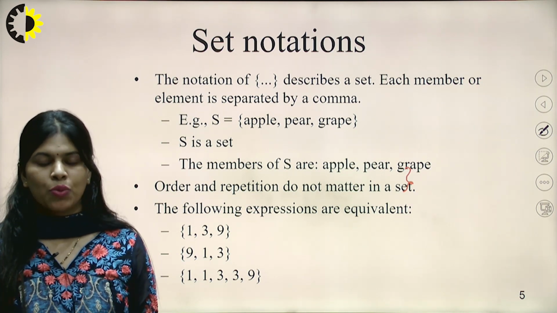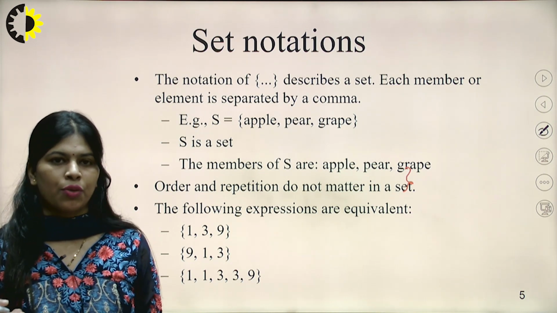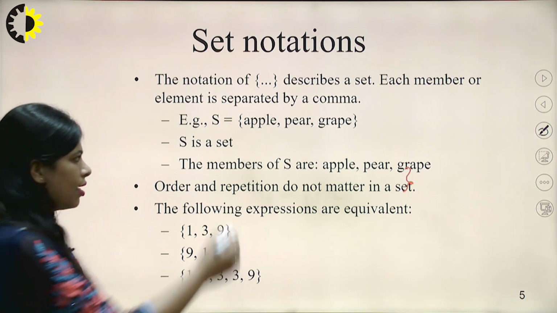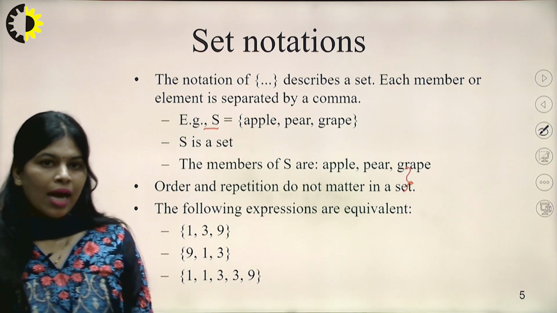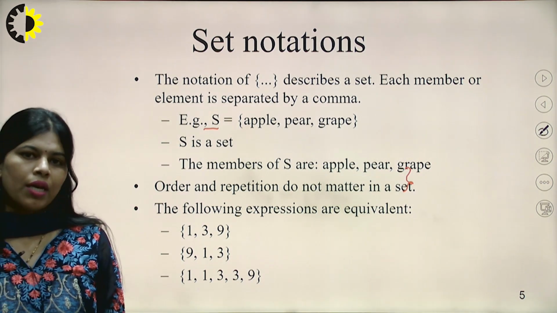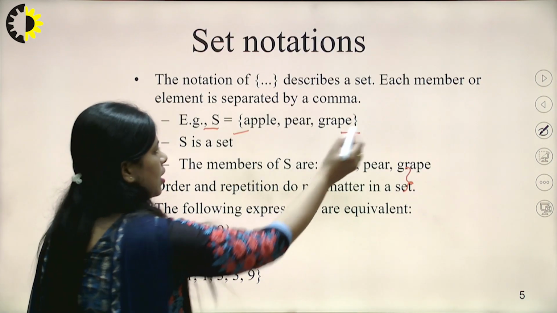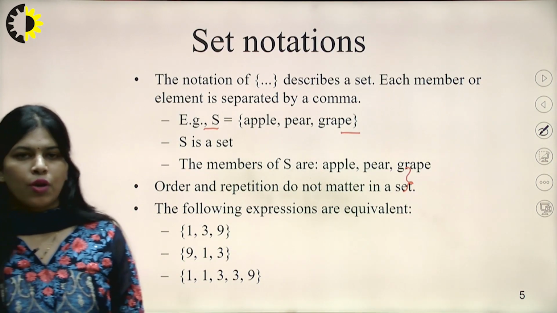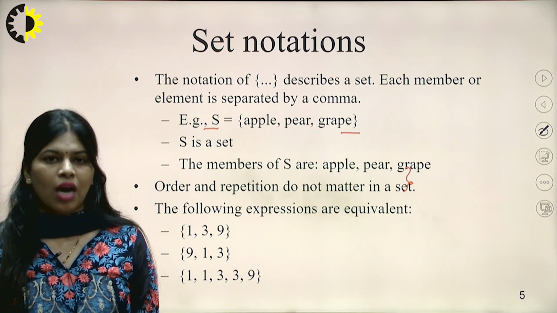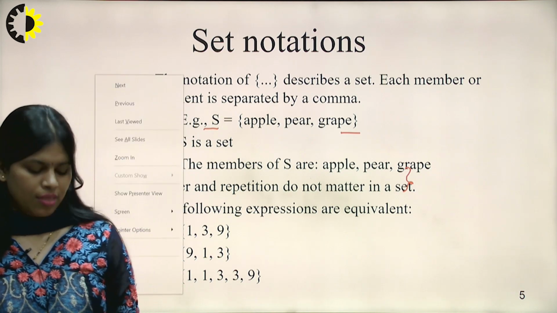You may use A, comma, B, comma, C. Any capital letter you may use, or we can represent a set using a capital letter like S. In a set S, the elements should be represented only in curly braces. Without curly braces, it does not represent a set. S is a set.